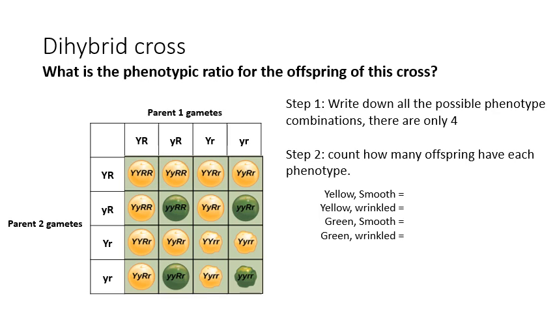So if we go through our Punnett square and count all of those up, I'm just going to swap through some colors here. So for yellow smooth, I'm going to put a little red line under it. So yellow and smooth, yellow and smooth, yellow and smooth, yellow and smooth. Okay, so that's 1, 2, 3, 4, 5, 6, 7, 8. Oh, I missed one. 9. So 9 yellow and smooth.